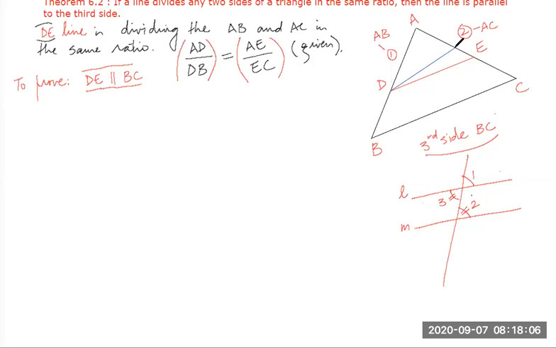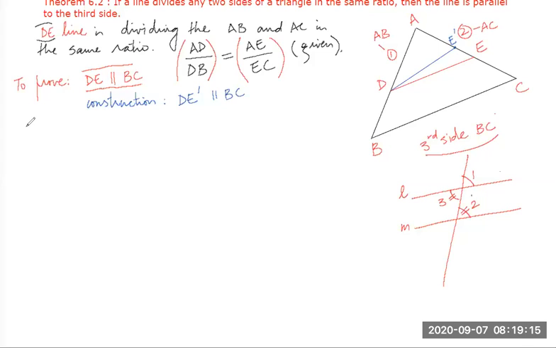This point is E dash. So we construct a line. We are doing a construction that DE dash is parallel to BC. We know it is not true, but we are assuming that.